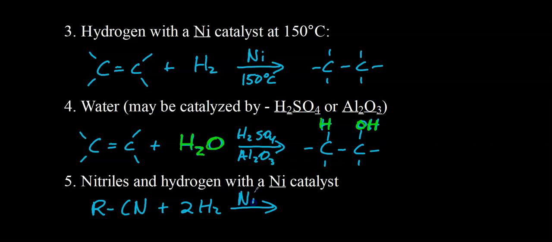And again, we have a nickel catalyst. So this is a way of producing an amine. I'm going to put some hydrogens here just again for emphasis. So we're taking a nitrile, which has a C triple bond N, and converting that into an amine.